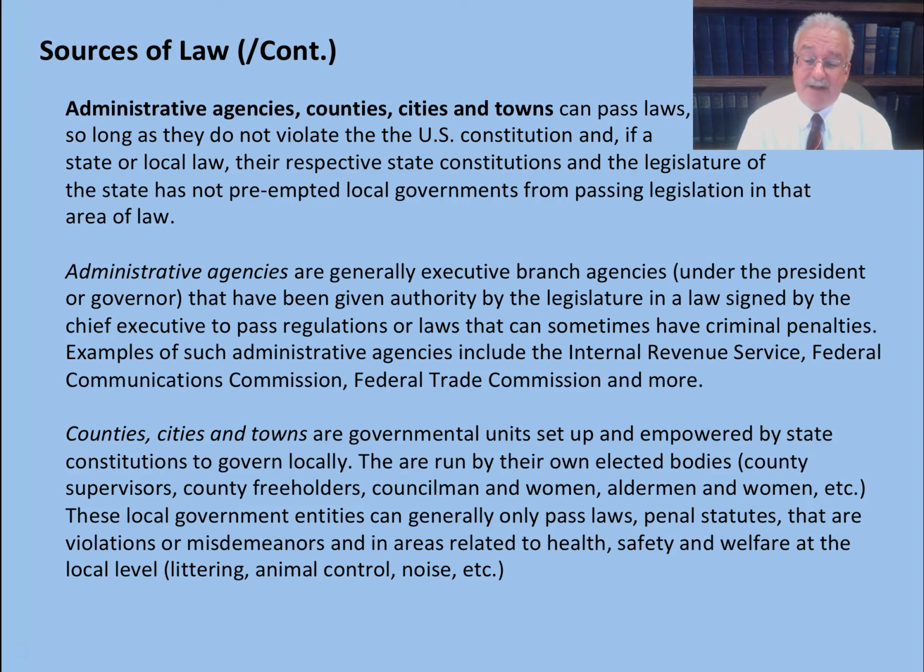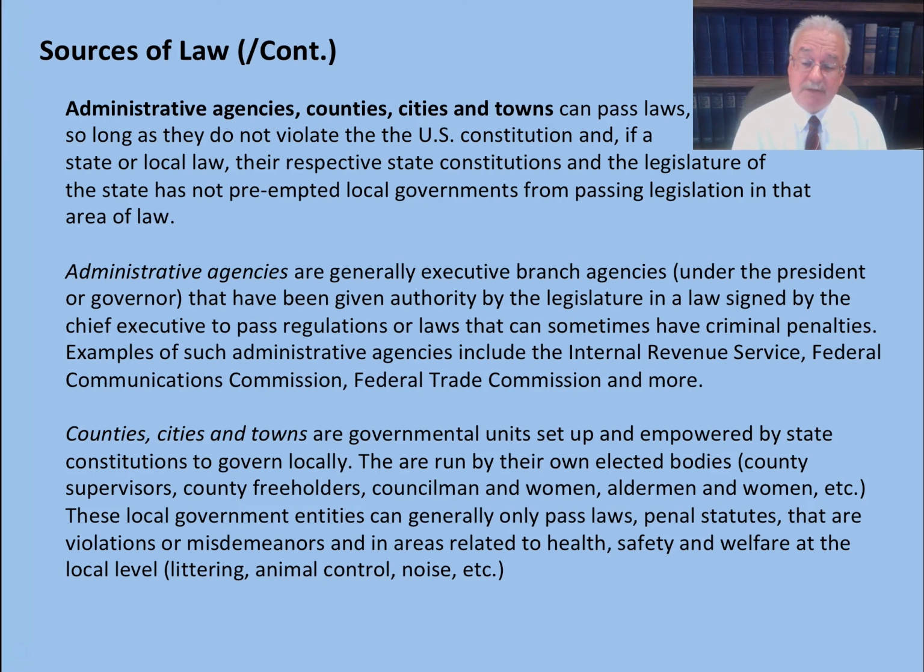Likewise, counties, cities, and towns are governmental units set up and empowered by state constitutions to govern locally. They are run by their own elected bodies: county supervisors, county freeholders, councilmen, councilwomen, aldermen and alderwomen. These are all the different titles for your county and local governments.